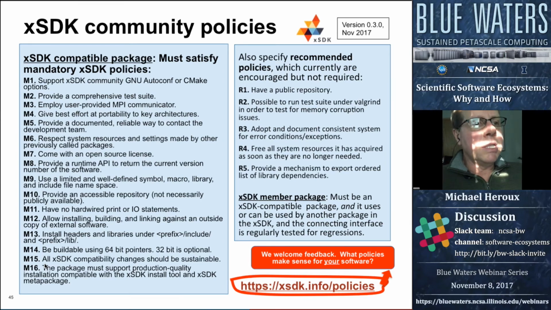Yet having them specifically listed and reducing the amount of incidental incompatibilities is really important. And furthermore, what these policies provide for us is then a set of criteria for how someone who is not part of the xSDK can become part of the xSDK. Also, you'll notice on the right a list of recommended policies. In a sense, these foreshadow things that we expect to be required in the future.